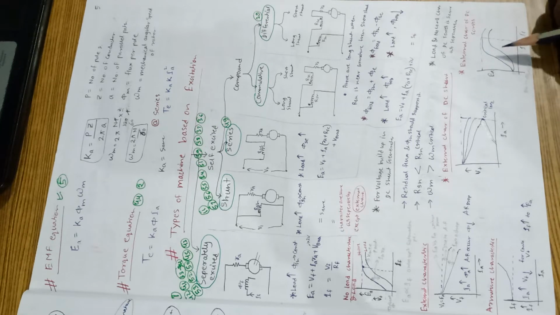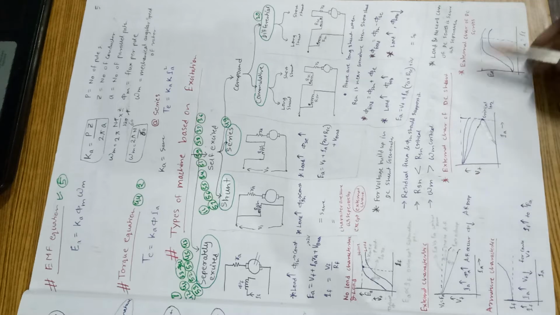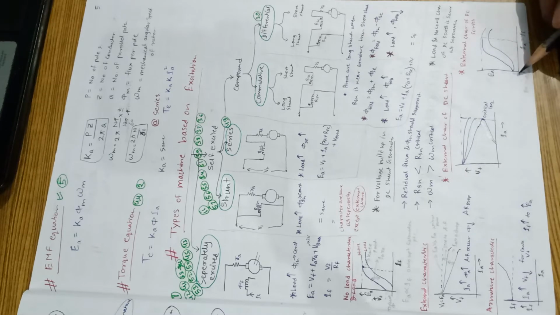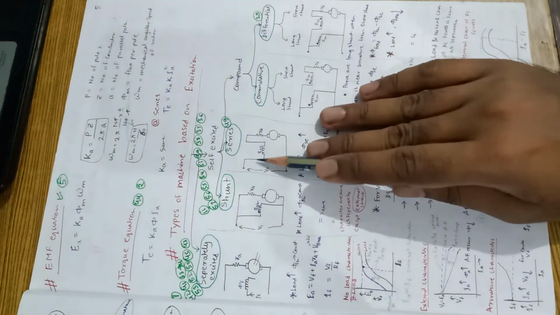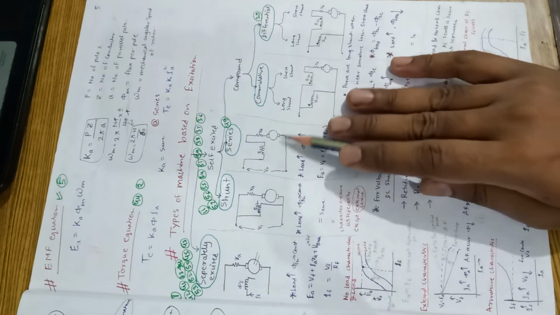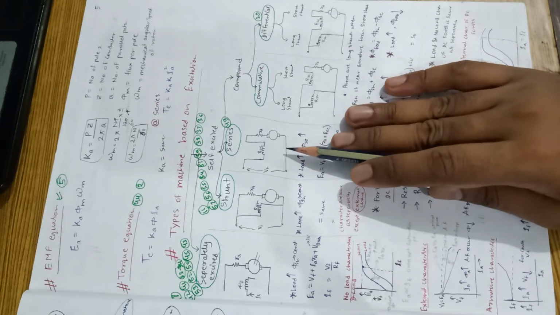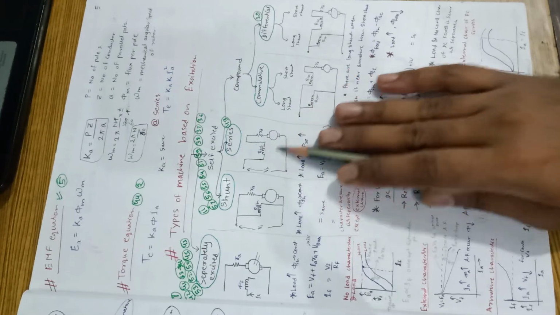It is similar to the no load characteristic. At zero IA, still EA is developed due to residual flux, and with increase in IA, EA will increase till the saturation point. After that it will remain constant. Here IA and IF are the same.